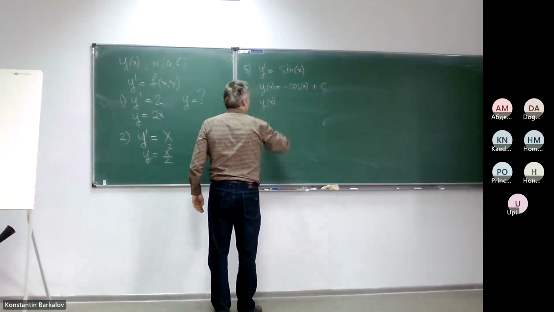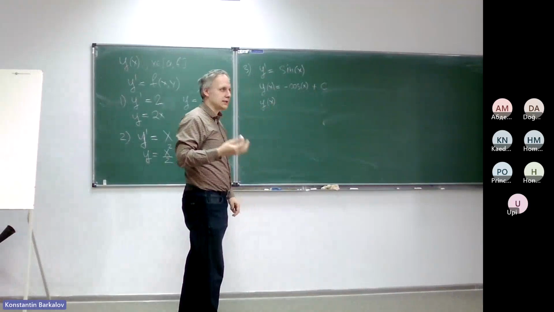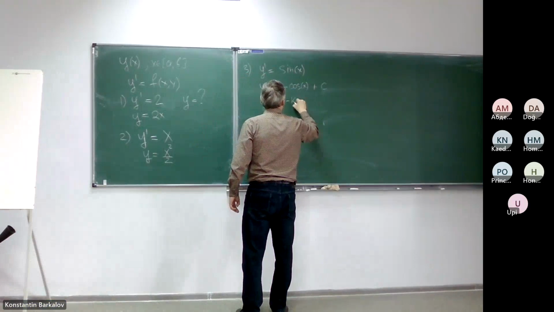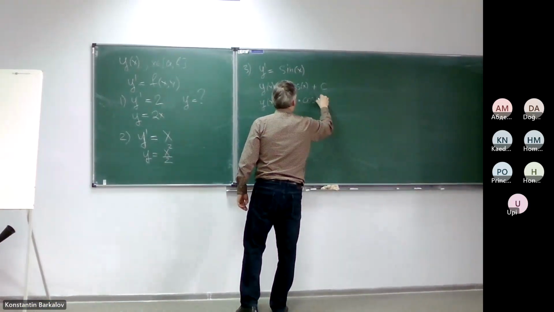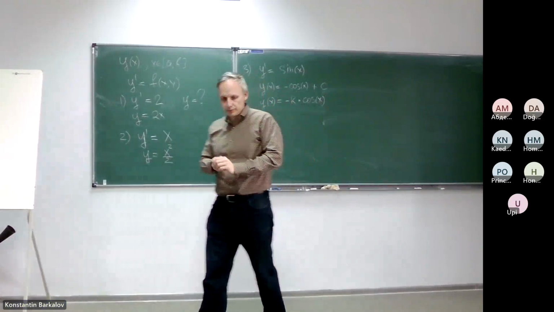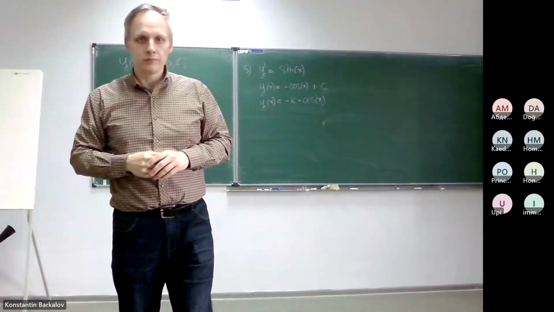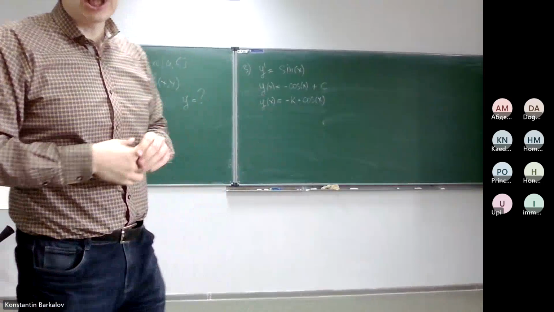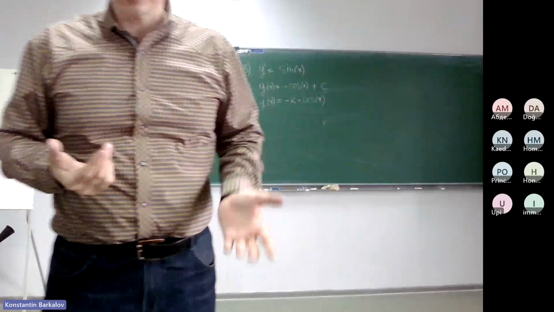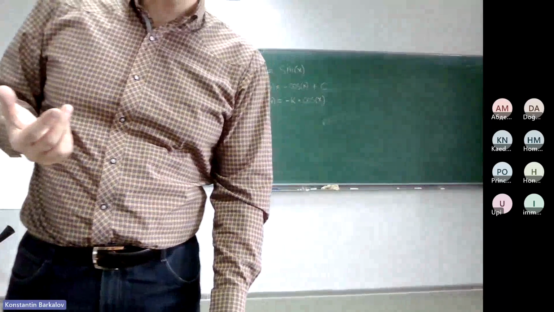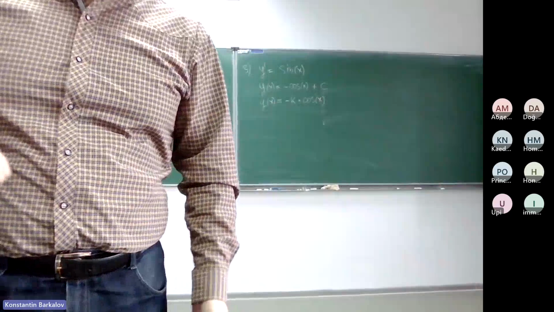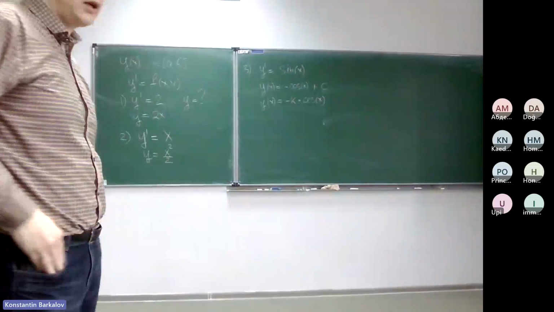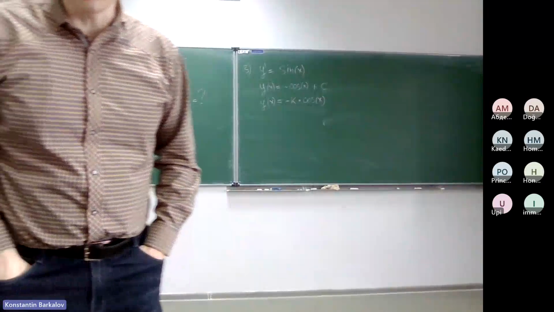Or I can write this equation in this form: y of x equals minus k times cosine x. And in this case, this function will satisfy the first equation too.